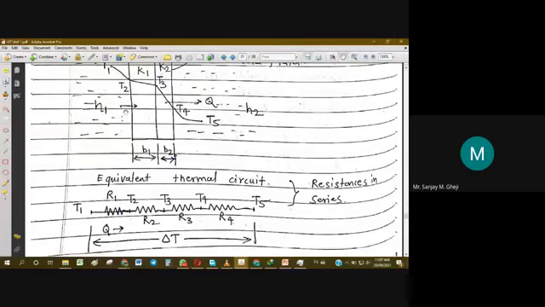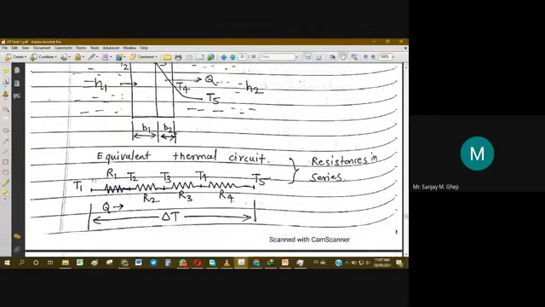In that case, we will take only three resistances, R1, R2, and R3. So if we consider only R1, R2, and R3 for calculation, the temperature difference will be T1 minus T4, only this much. So temperature difference will be limited to this.